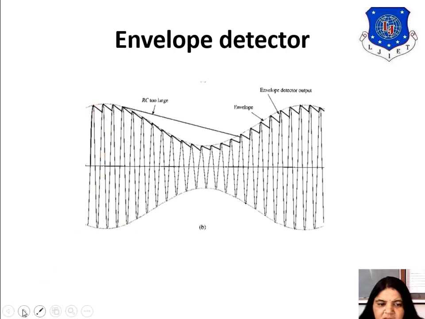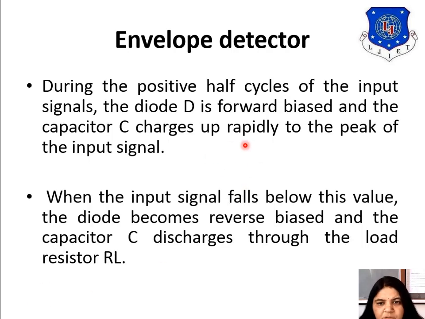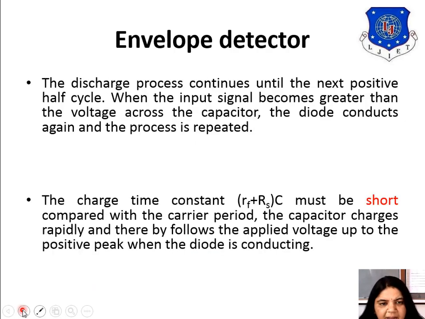When the input signal falls below this value, the diode becomes reverse biased. And when the diode is reverse biased, the capacitor discharges through the load resistance RL. So the discharging process continues until the next positive half cycle.